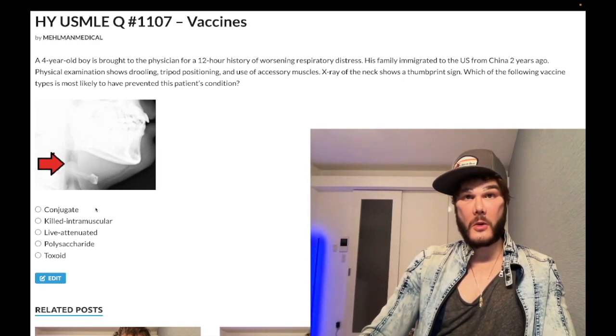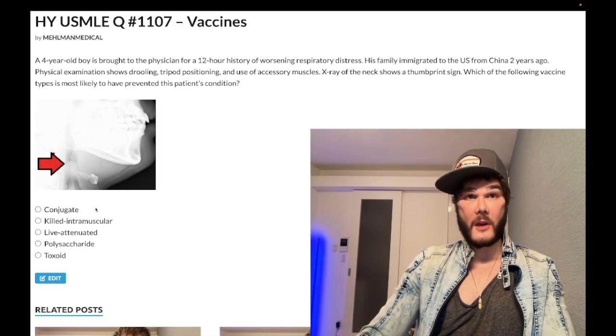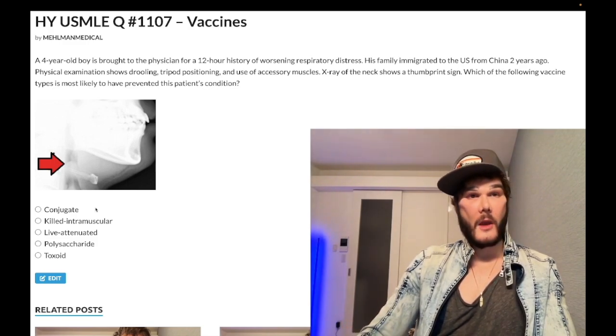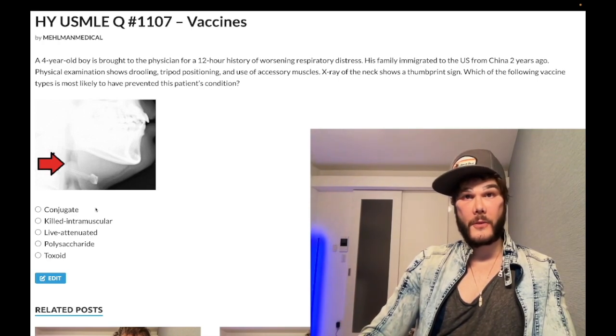So the only issue about giving a polysaccharide vaccine, if you just were to give a piece of the capsule and expose that to the immune system, is that it's called a T-independent, thymus-independent antigen, which, because it's not proteinaceous, cannot be presented on MHC molecules to the T cells. So you get a weaker immune response.